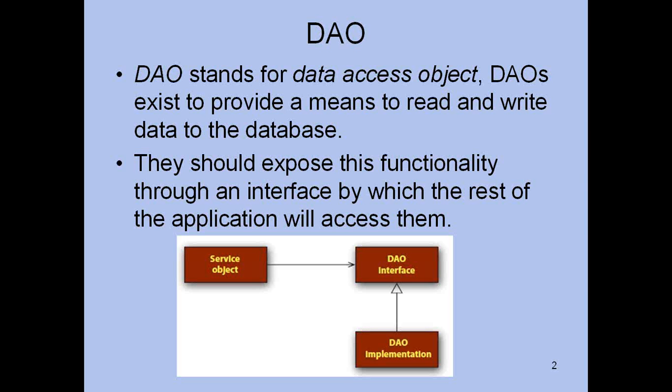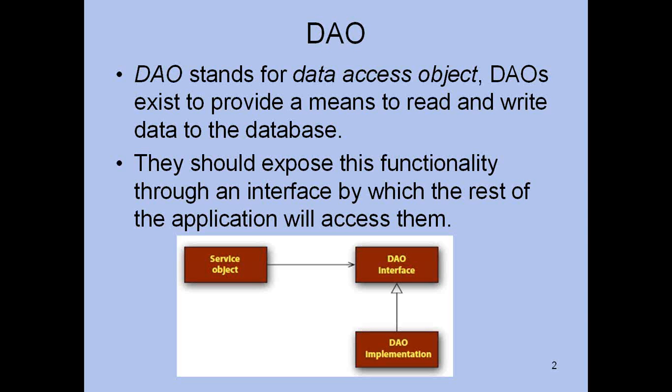So you have a service object and you need to access the database. You can also do that directly from the service object, but that won't be clean. So the only layer that needs to talk to the database is always the data access object layer. For that, you'll create a DAO interface, and there will be DAO implementation classes.